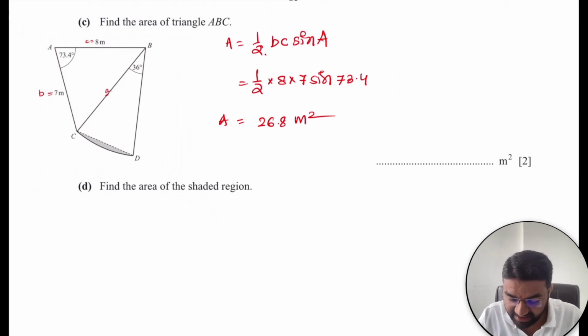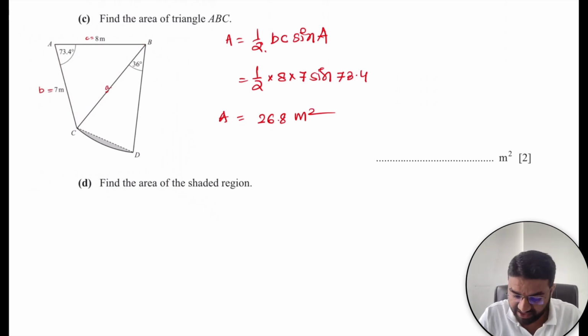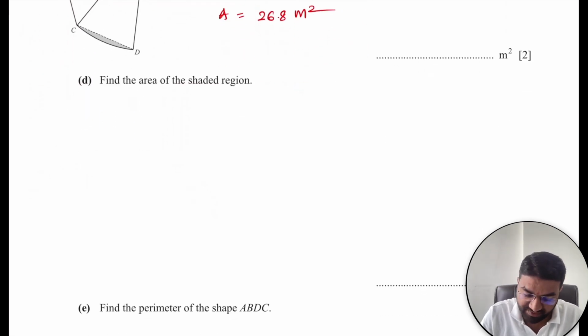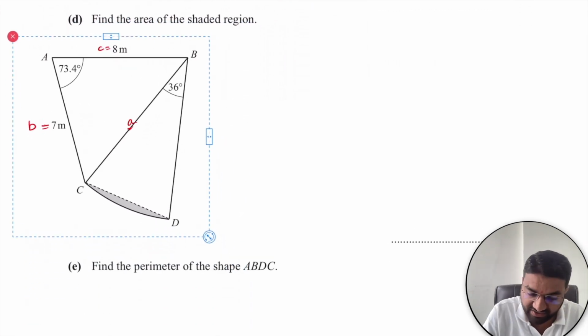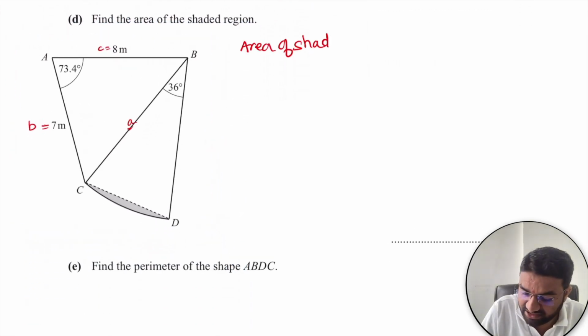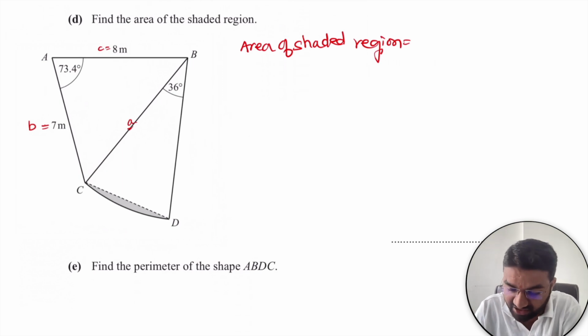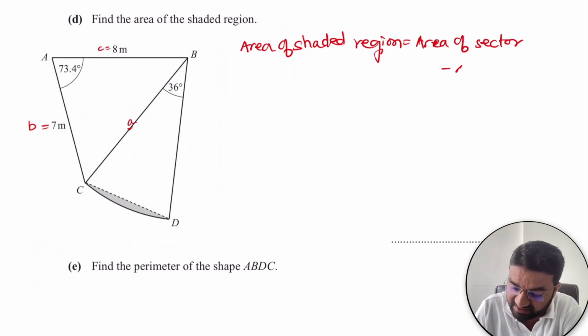Fine. Then next, we have to calculate the area of the shaded region. Area of the shaded region is equal to area of sector minus area of triangle BCD. Fine.